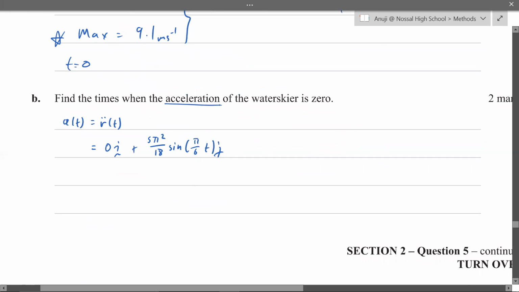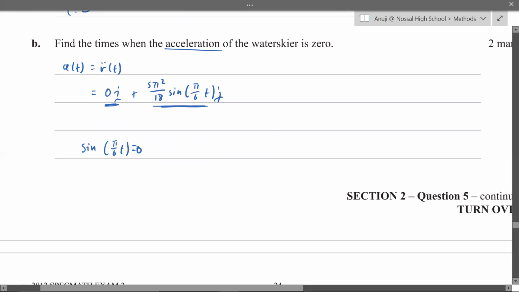So if acceleration is 0, this i part is already 0, so the only part left is this part. And if this is going to be 0, then the sine is going to be 0. So sine of pi on 6 t equals 0. And like on the unit circle, the only time sine is 0 is when theta is equal to 0 or pi. So you could write that as pi on 6 t equals pi n. So t is equal to 6n.